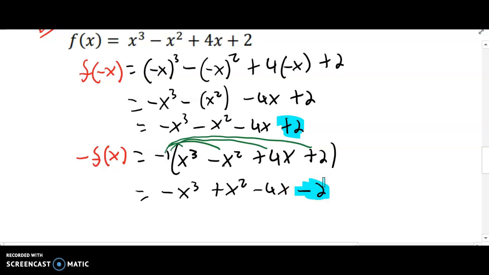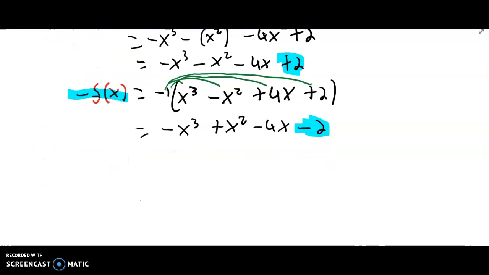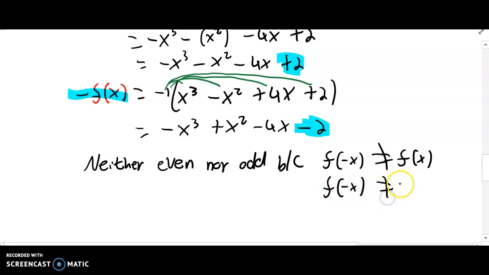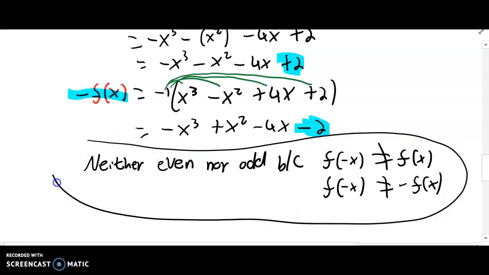It's not the same as the original, it's not the same as negative f of x, therefore it is neither. So we say neither even nor odd because f of negative x does not equal f of x, and f of negative x also does not equal negative f of x. So it must be neither.